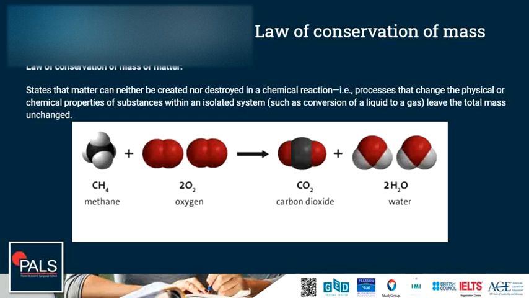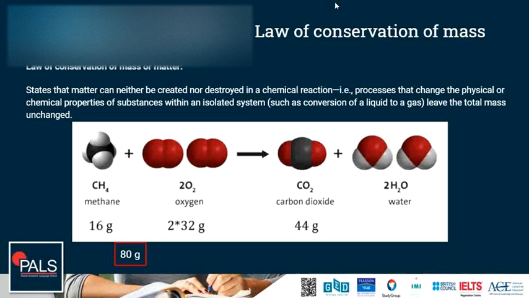We have methane, which is CH4, that reacts with oxygen, O2, to form carbon dioxide and water. So let's say we have 16 grams of methane, and they react with 32 grams times 2, so 64 grams of oxygen, and we will get 44 grams of carbon dioxide.